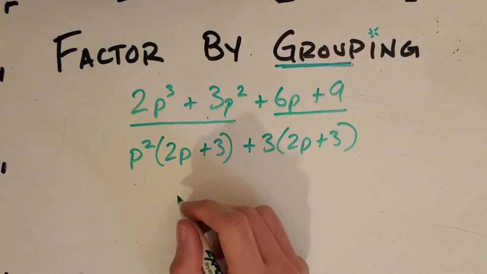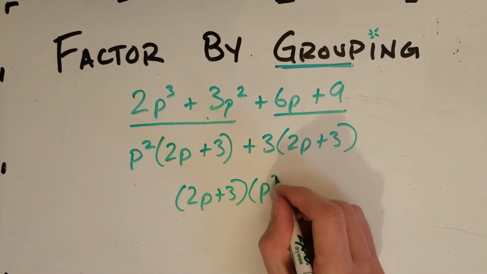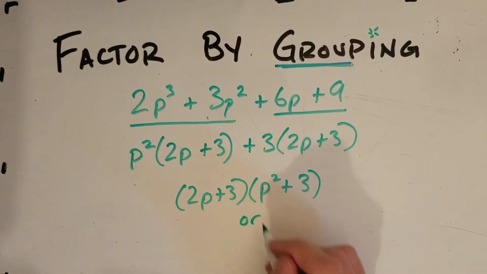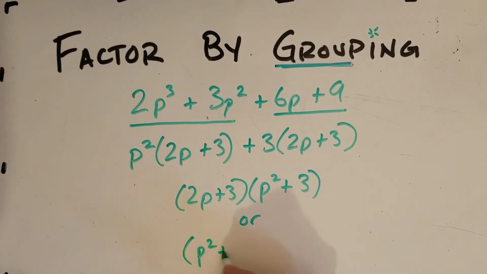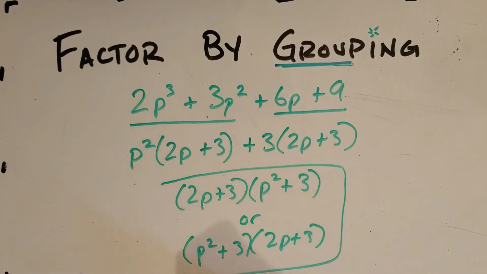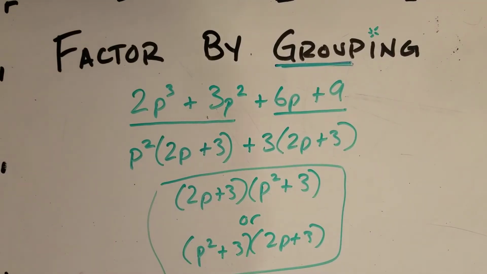So we can factor that binomial out, 2p plus 3, and you'd be left with p squared plus 3. So this works, or you could say p squared plus 3 times 2p plus 3, that's okay. Either one of these is fine. They both are the factored form of this polynomial.